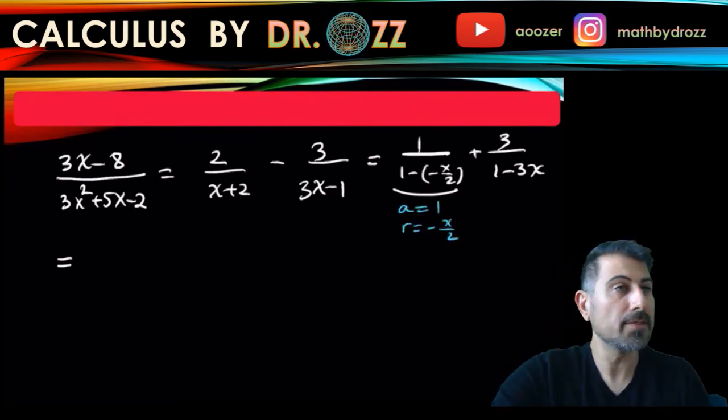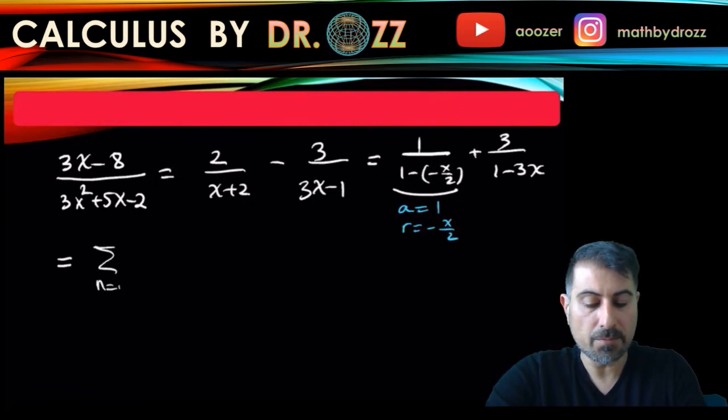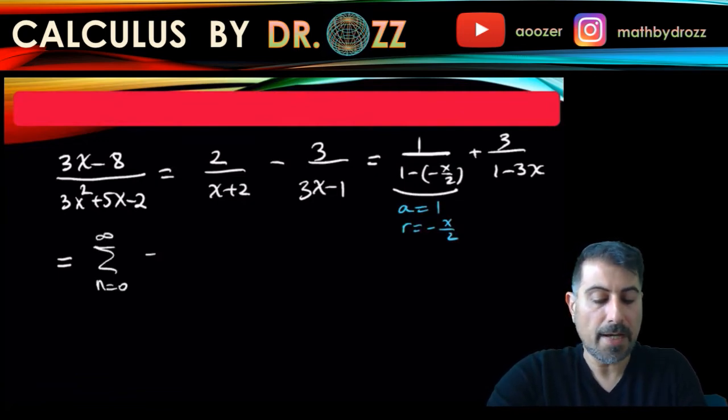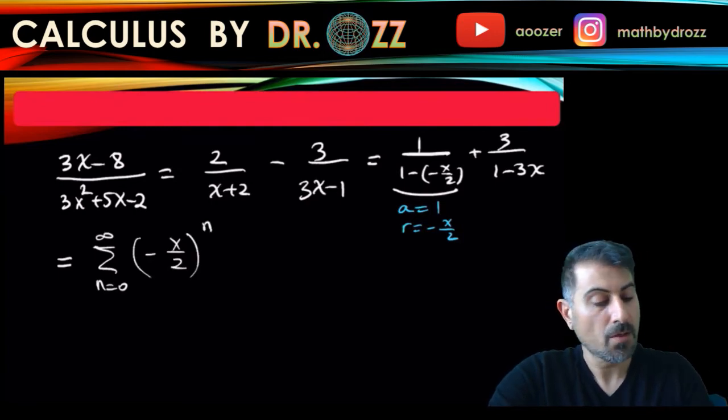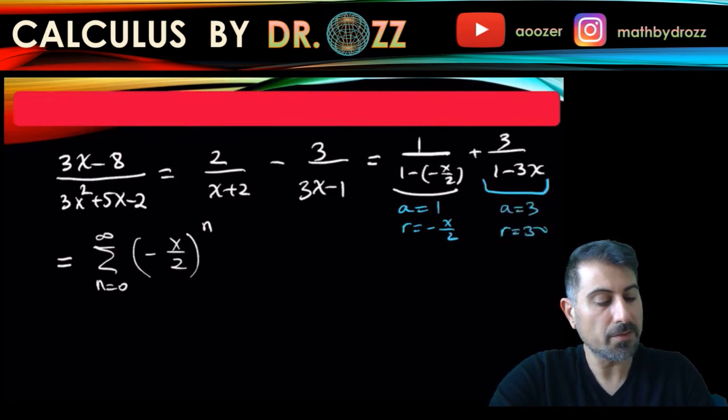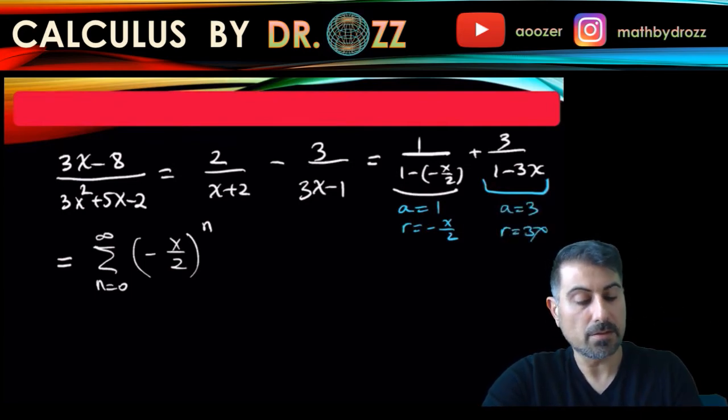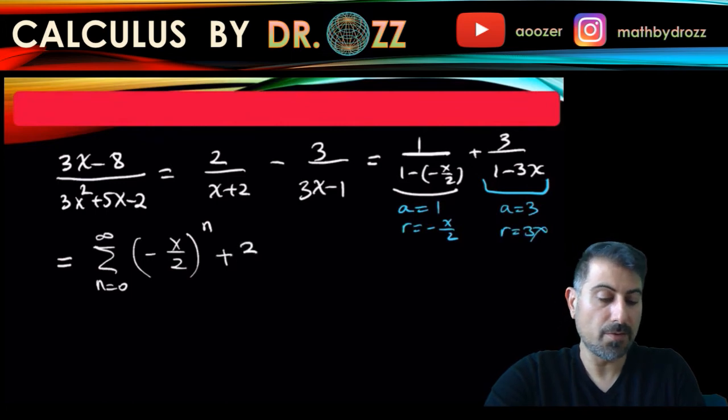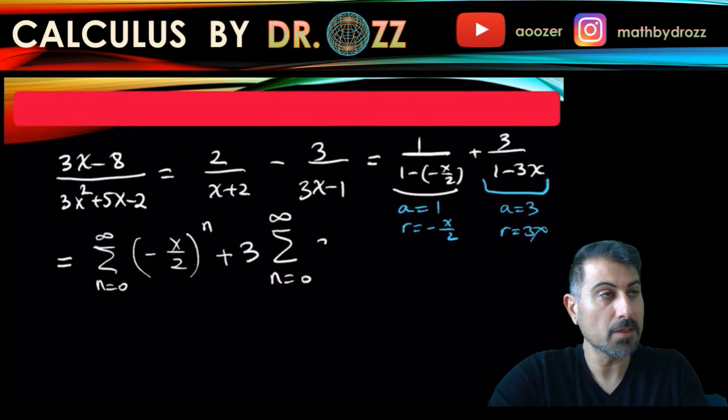So that implies that I have the sum from 0 to infinity of minus x over 2 to the power of n. And for this one, a is going to be 3, and r is going to be 3x. So it's plus 3 times, I can pull the 3 out, it's a constant term, right?